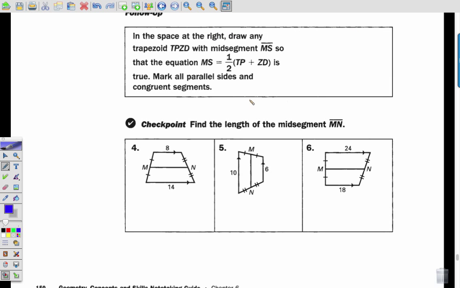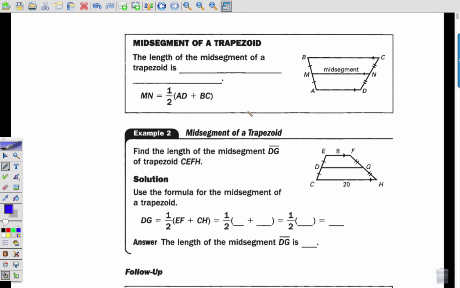Now, let's look at the mid-segment of a trapezoid. The length of the mid-segment of a trapezoid is 1/2 the sum of the lengths of the bases.